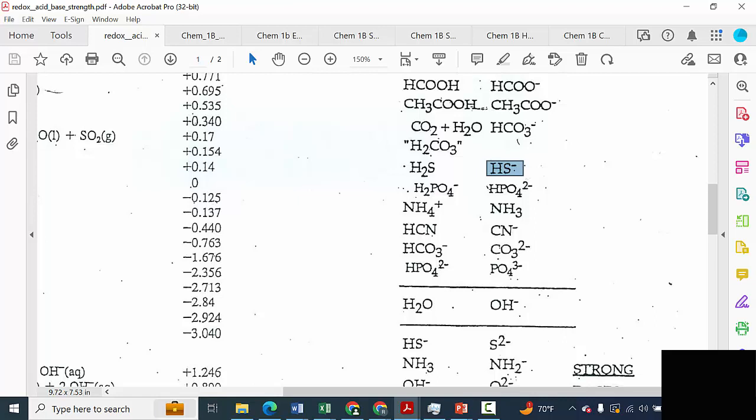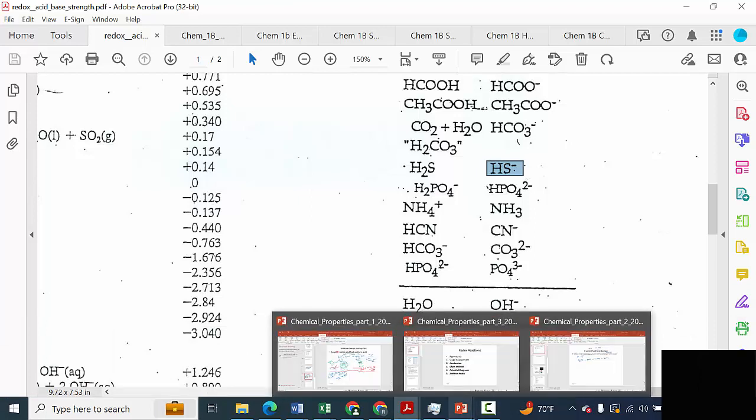This one you could call bisulfide. And so it looks like it's a better base than it is an acid. You see that? As far as ranking goes, it's a better base. But it can go either way, and we don't know which way it's going to go until we see what it reacts with.